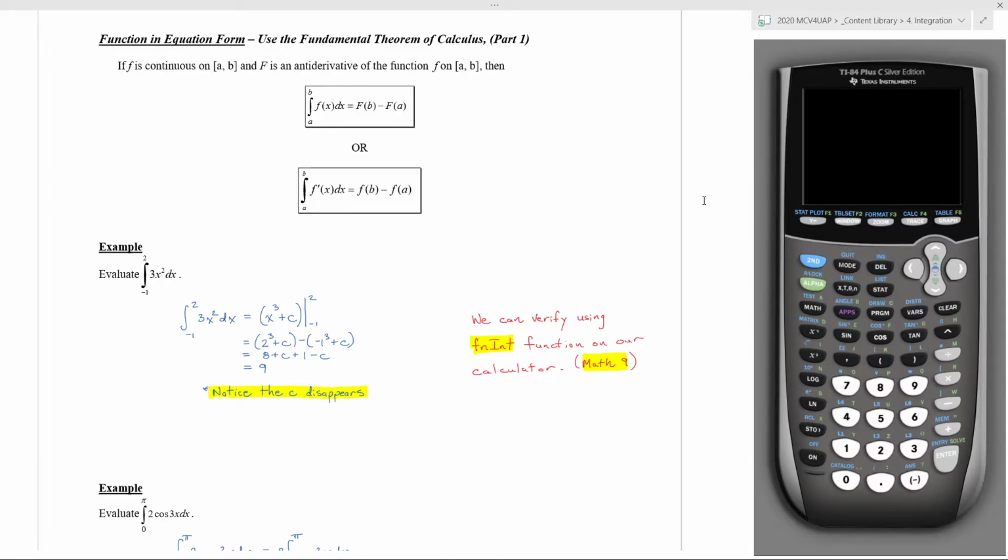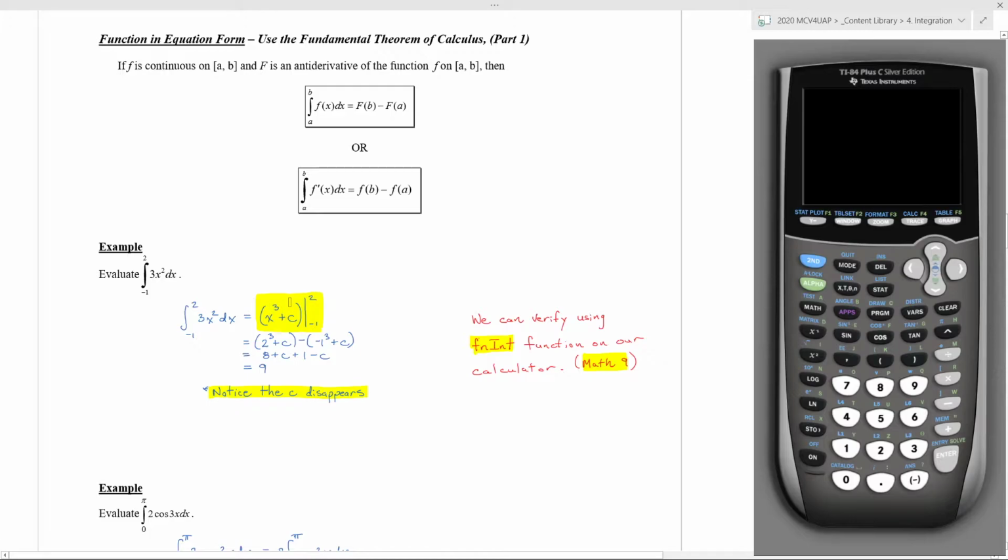It means find the antiderivative of 3x squared, and then whatever that is, sub in 2 and sub in -1. So we've got a new sort of notation here. That's what this means that I'm highlighting right now. That is the antiderivative of 3x squared. It's x cubed plus a constant.